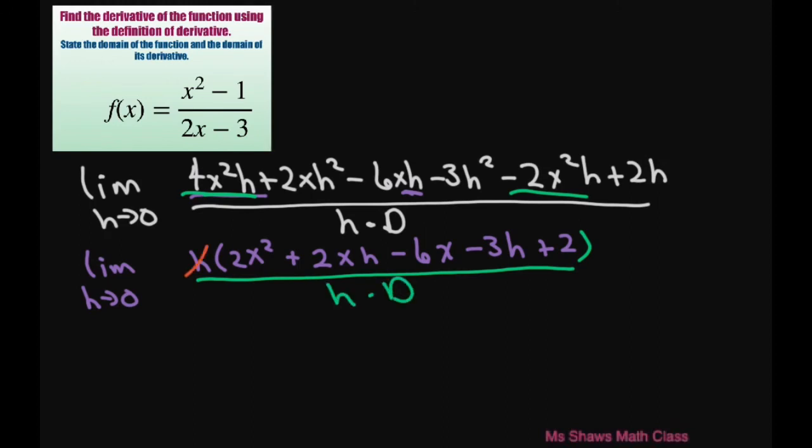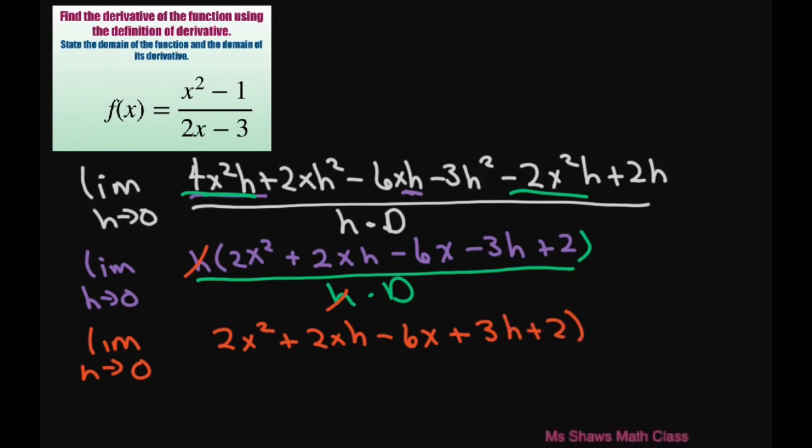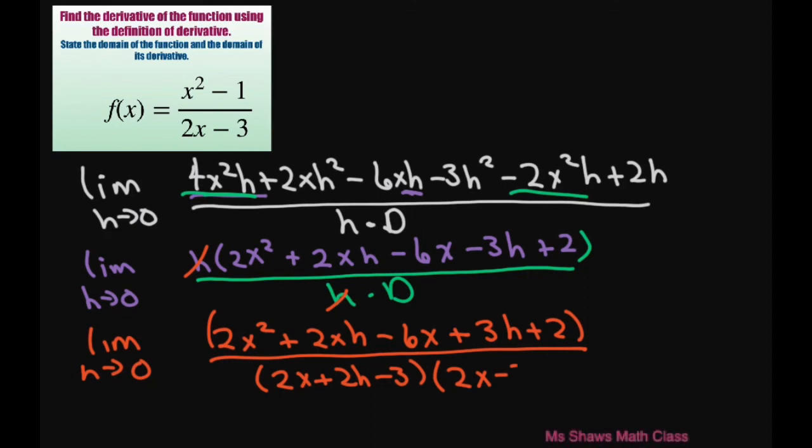Now what happens is the h's cancel. So now let's take the limit as h approaches 0, and we're going to have 2x squared plus 2xh minus 6x minus 3h plus 2. And now I'm going to write my denominator. My denominator without the h now is 2x plus 2h minus 3 times 2x minus 3.